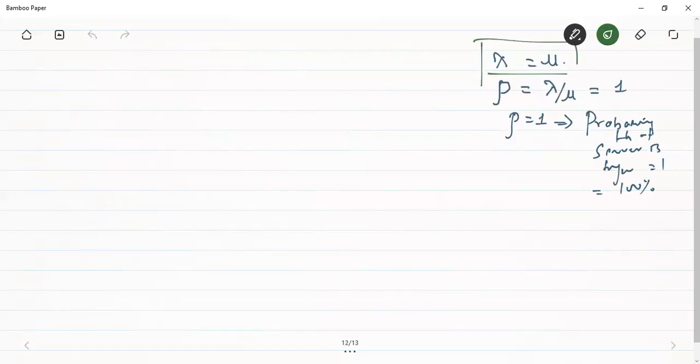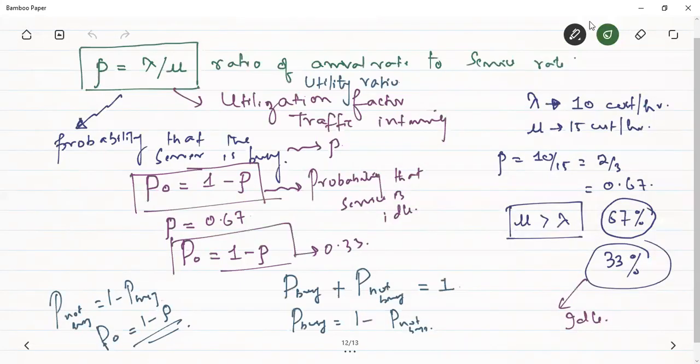अब इस प्रीवियस केस में क्या था? जिस रेट से लोग आ रहे हैं उससे ज्यादा रेट पे सर्विस हो रही थी, सो डेफिनेटली दैट पर्सन एट सम इंस्टेंट विल बी आइडल. ओके, देयरफॉर यहाँ पे क्या था, यूटिलाइजेशन फैक्टर 0.67 था, rho was equal to 0.67, and 1 minus rho, that is 1 minus 0.67, which was equal to 0.33, or 33% was the probability that the server will be idle or free.